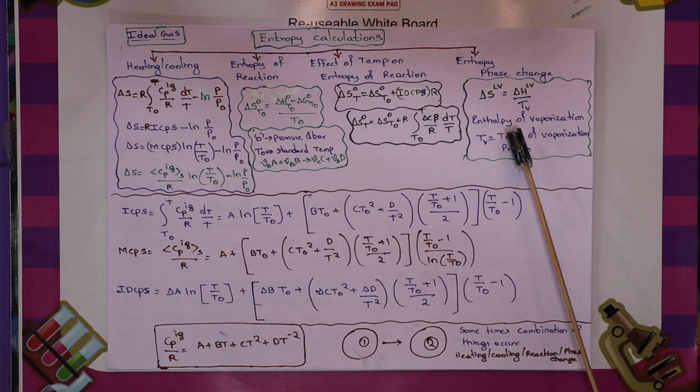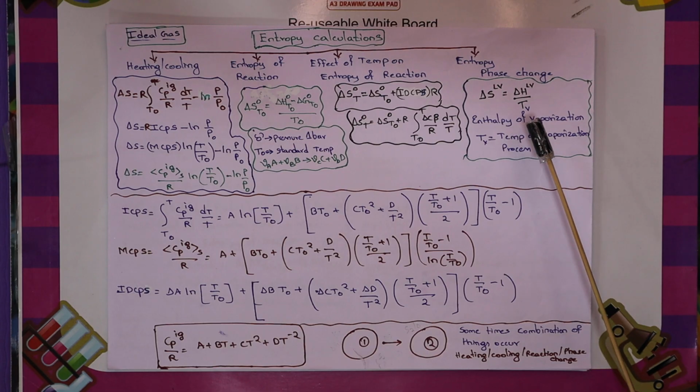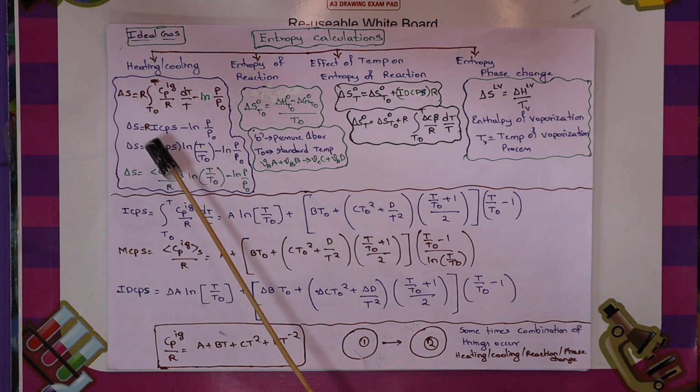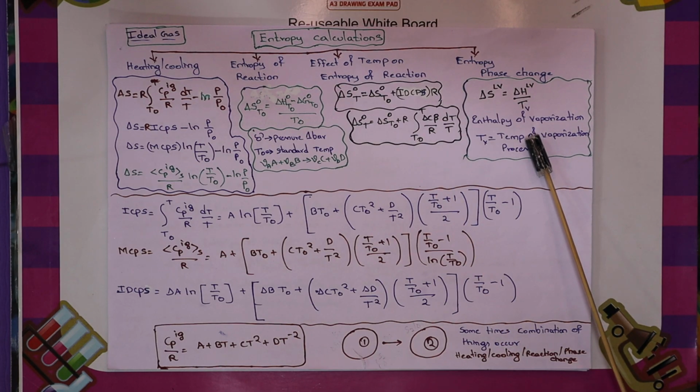For example, if water is evaporated at 100 degrees centigrade, during this evaporation process liquid is converted to vapor. Here also the entropy is going to change. So how do we calculate the entropy during the phase change process? The first two can be detected by changes in temperature, but here you cannot see a change in temperature, because during phase change the temperature remains constant.